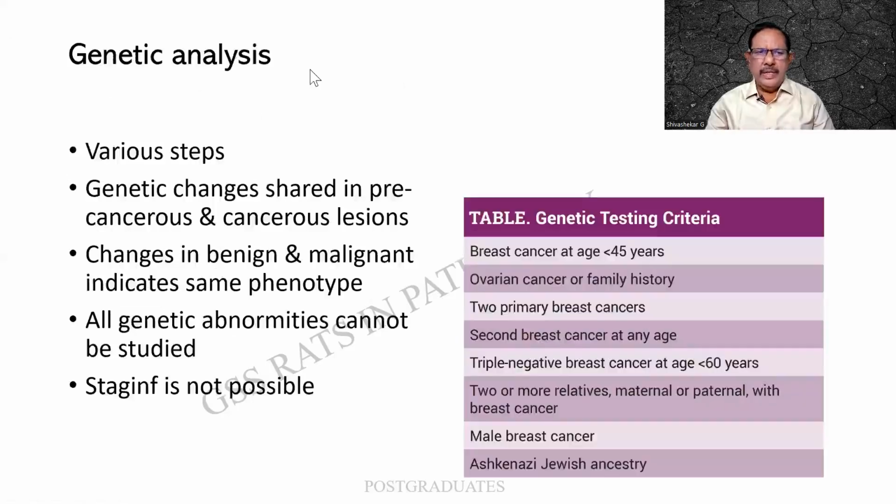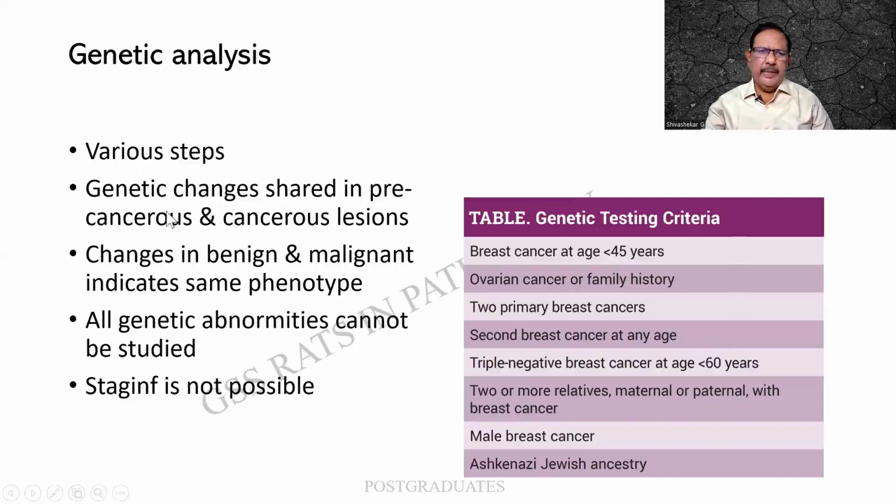And to add, the genetic analysis. You find that there are various steps in it. The genetic changes are shared both in the precancerous and the cancerous lesions, which means there is some genetic abnormality and then the cell becomes malignant, but the same genetic abnormality persists.